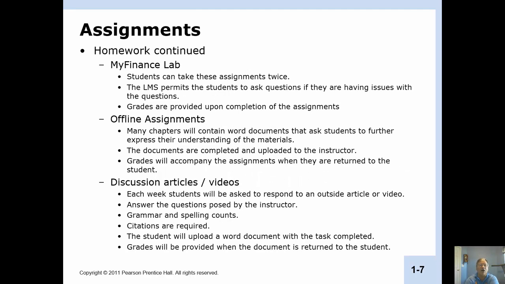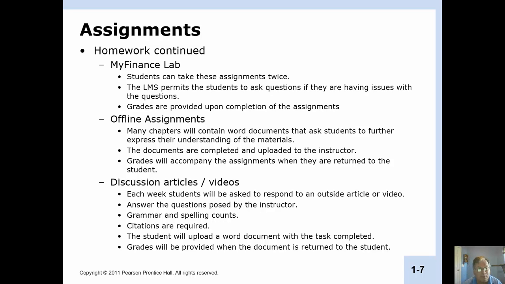So how about that homework, right? So here we go, My Finance Lab. You're going to take these assignments. You can take these twice. The assignments usually aren't very long. They are usually 4, 5, 6 homework problems. But the LMS also is going to give you the ability to ask some questions.